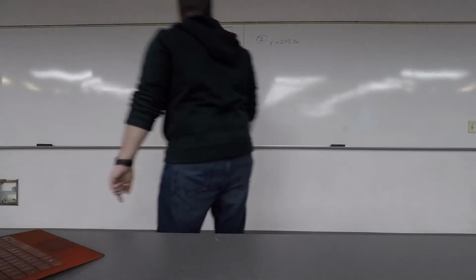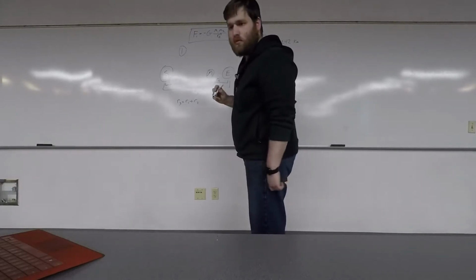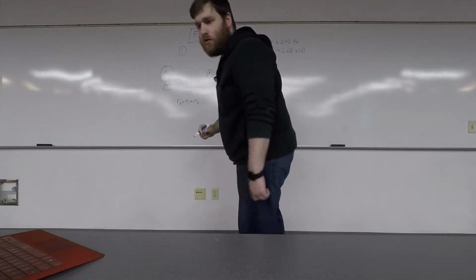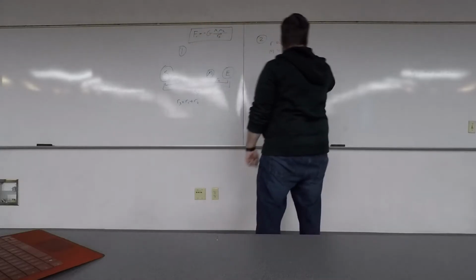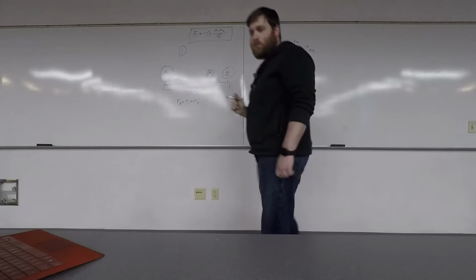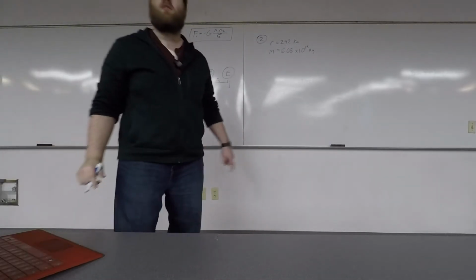Mass is 6.68 times 10 to the 19th. And the first thing it asks, find the free fall acceleration on its surface.